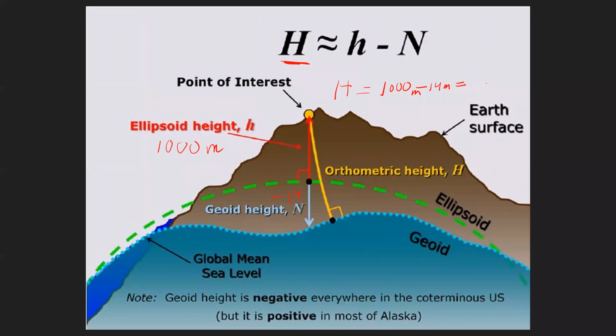That is going to give us our actual height, 1,014 meters. This is our orthometric height, our most accurate representation of the elevation of the Earth's surface, relative to what mean sea level would look like if the ocean could travel underneath our continent.